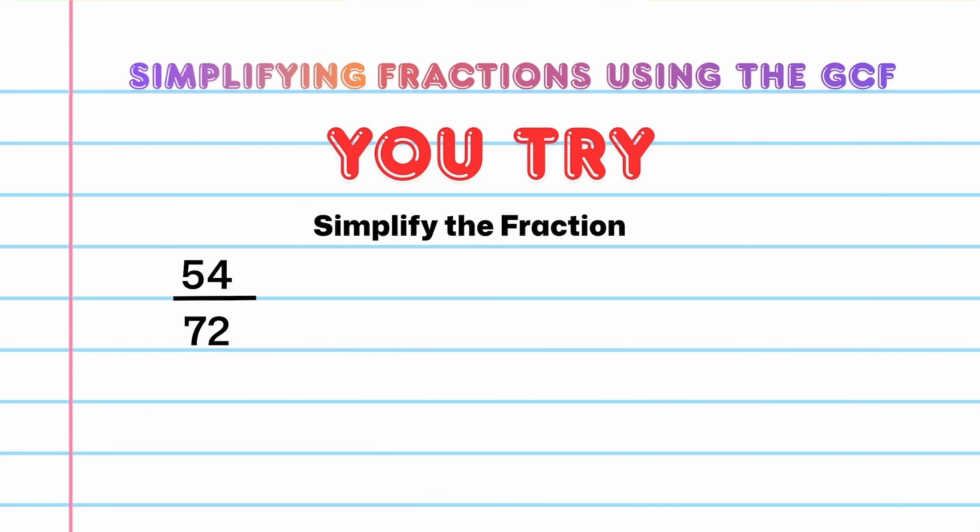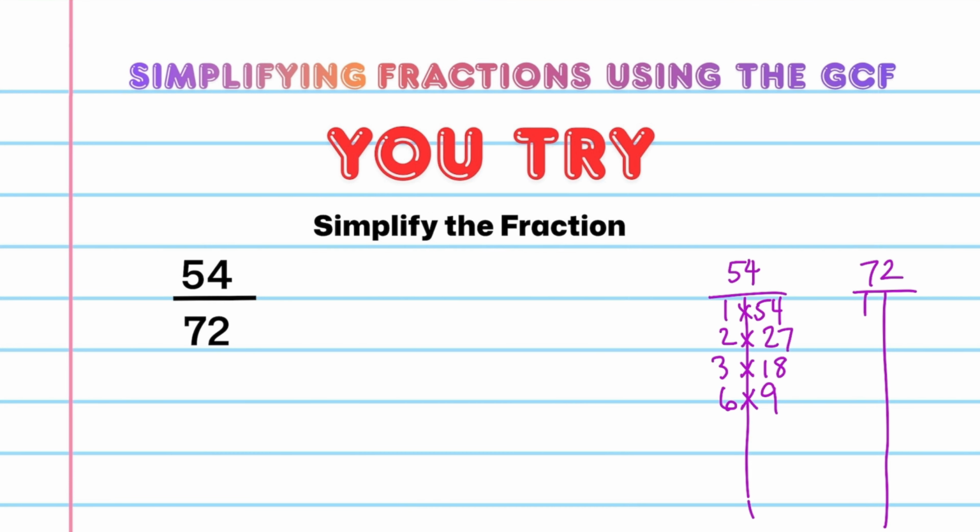All right, welcome back. The first step is to list the factors of 54. That's 1 times 54, 2 times 27, 3 times 18, 4 does not go into 54, 5 does not go into 54, 6 times 9. Now I'm going to list the factors of 72.